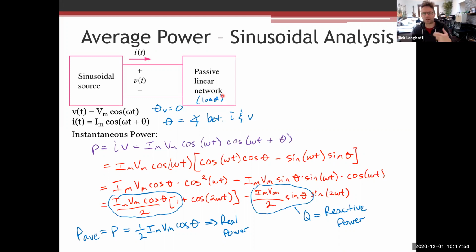So there's a continuous exchange of energy between the power source and some element that stores energy. We say that element reacts to the power source providing that energy. It is power that is exchanged between the source and the load, but it doesn't amount to real power transferred to the load.